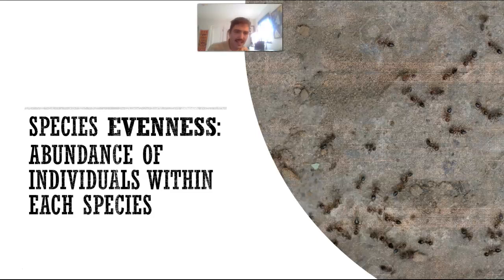Ants on a picnic table remind us how there can be many, many more of one particular species than others, even if there is a high total number of species. So we could have a really high number of species, but if one species is like taking up so much of the environment, then that's also really important to know. Okay, that's evenness.